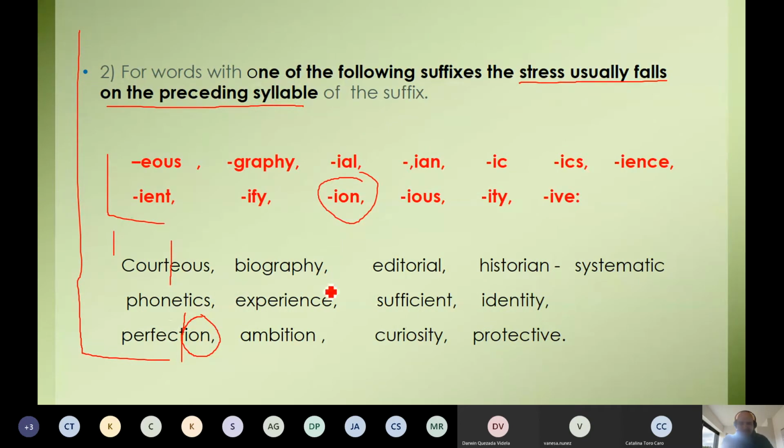Okay? So I want you to think about 3 words that contain these suffixes, different suffixes for each one of the words, right? Words that might follow this rule: the stress usually falls on the preceding syllable.